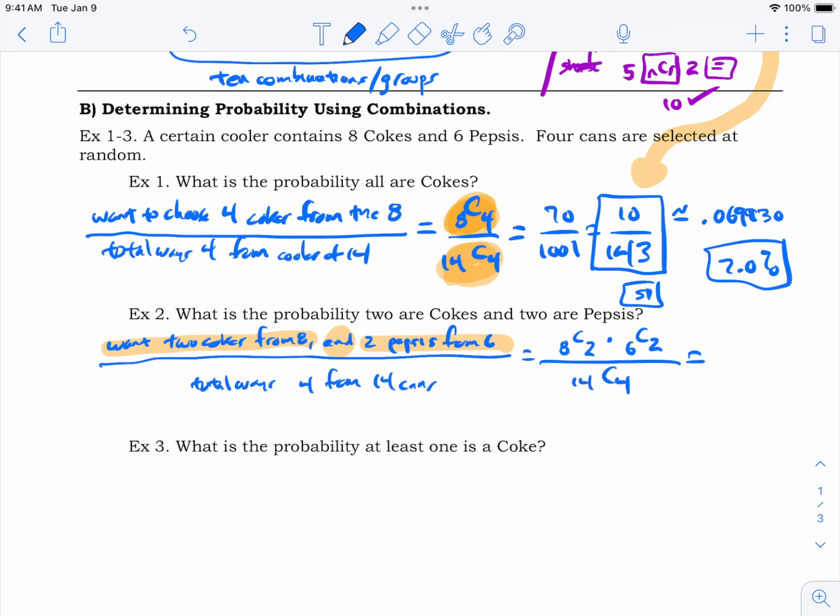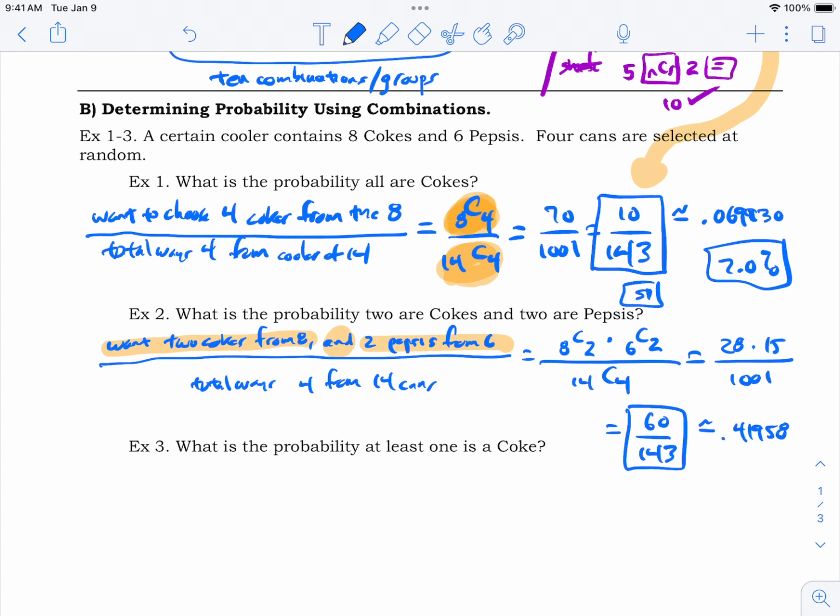This comes out to, you push some buttons, you get a 28 times a 15, and this, of course, is the same number, 1001, right? And if you hit your auto reduce button and all this stuff, it's going to be 60 over 143 is how it reduces. As a decimal, that's about 0.419580.